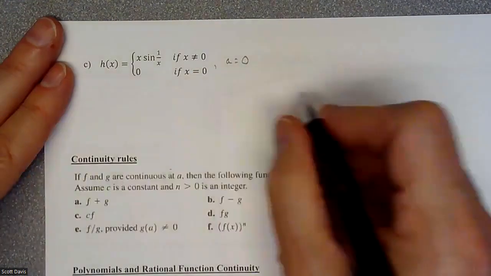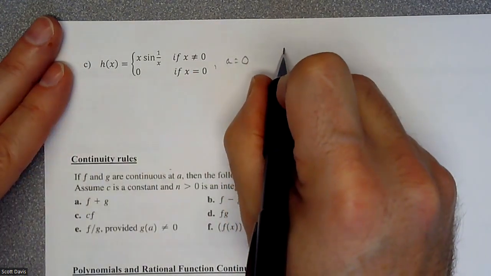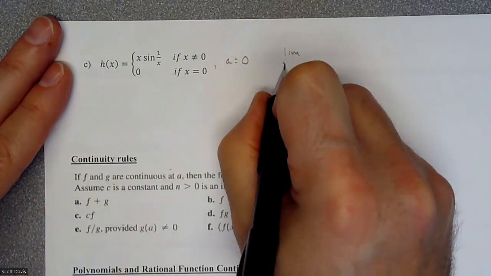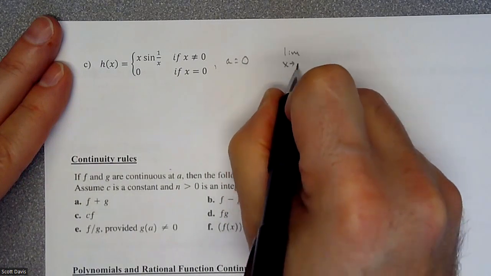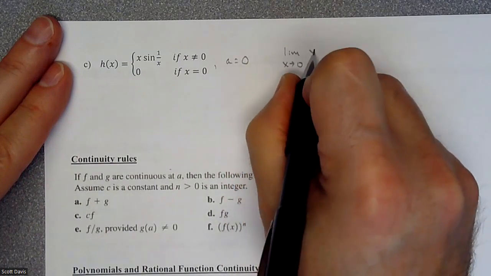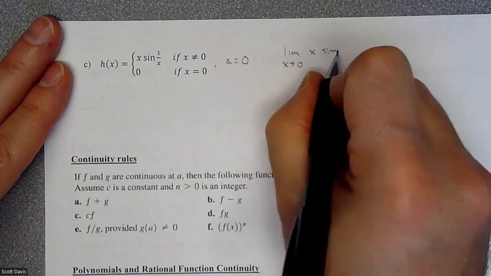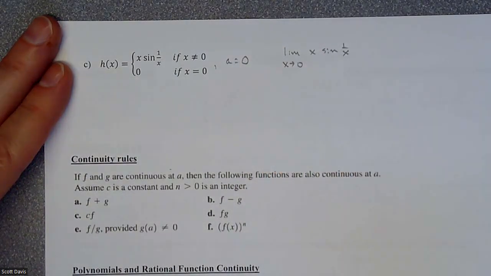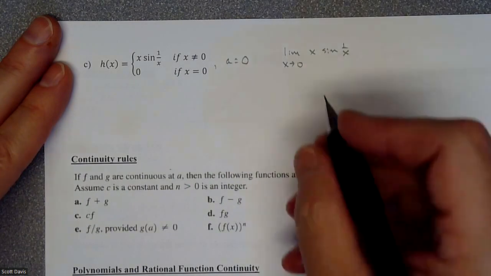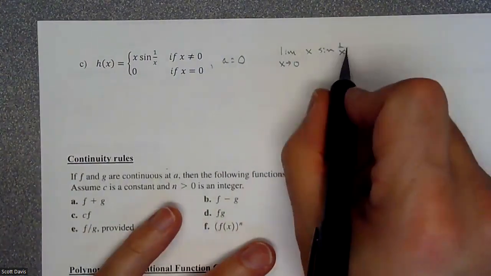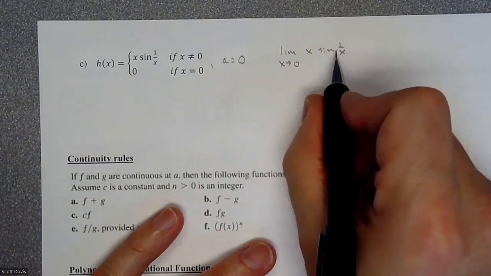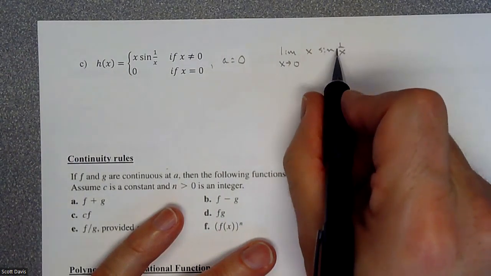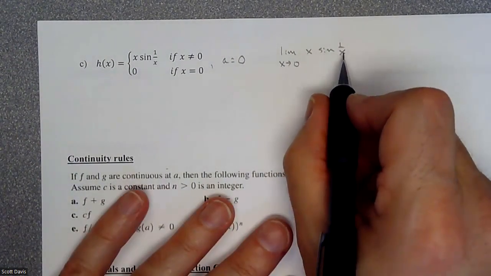So we need to do the limit as x approaches 0 of x sine 1 over x, and we've got to figure out that limit. This thing is always a problem. This is the sine curve that's oscillating, and we're not 100% sure about the oscillation.